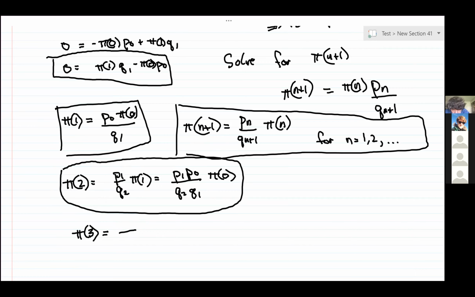So that would give you P2, P3 times pi n is 2, this. But you just figured out that pi 2 is this. So substitute this into here. What do you get? P2, P1, P0, all over what? Q3, Q2, Q1, pi 0.